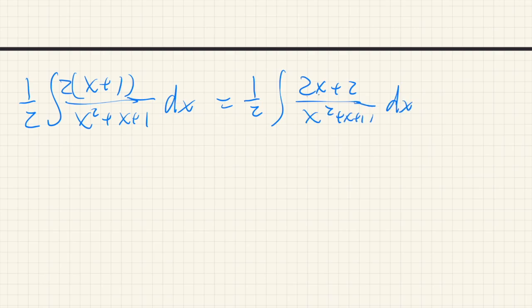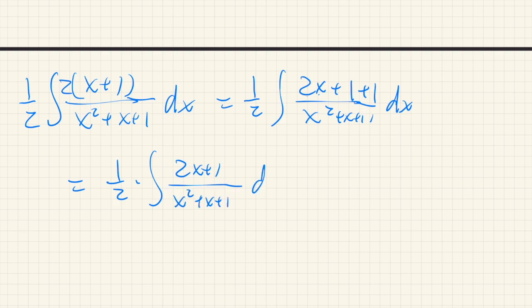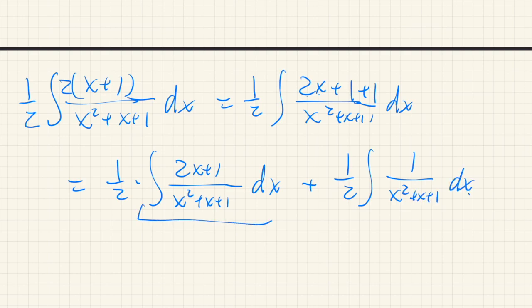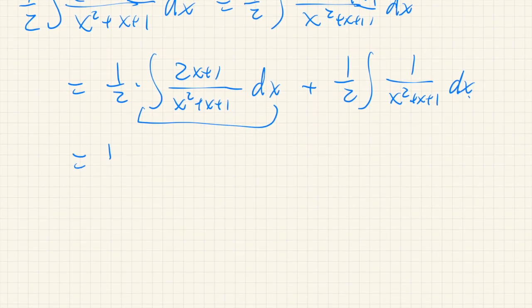But we want 2x plus 1, so we can split this 2 into 1 plus 1. So we have 1 over 2 times the integral of 2x plus 1 over x squared plus x plus 1 dx, plus 1 over 2 times the integral of 1 over x squared plus x plus 1 dx. This first part we already know: 1 over 2 log of x squared plus x plus 1.